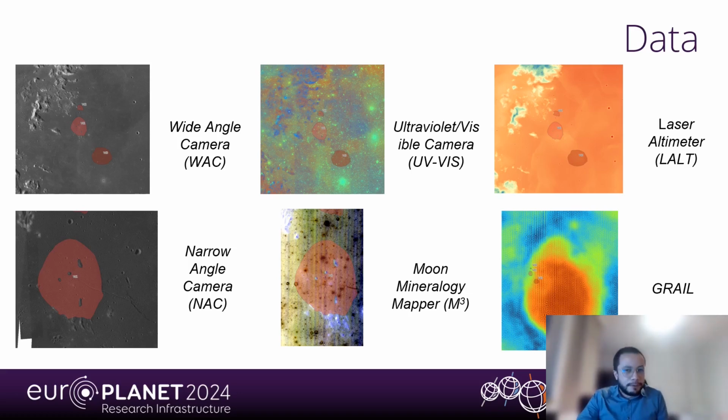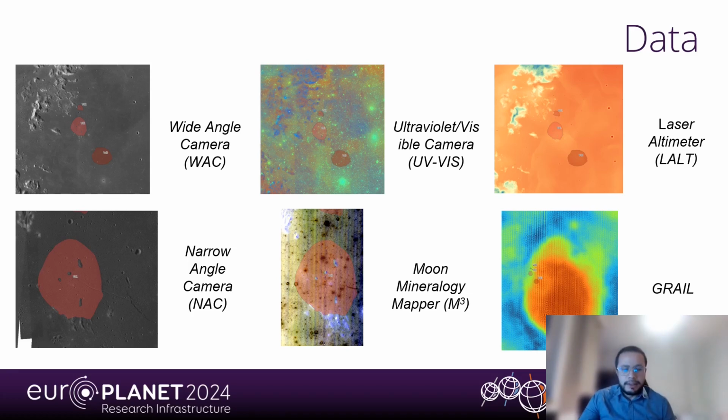The second set of data is the spectral features. We have the ultraviolet-visible camera, UVVIS, inside Clementine, that has really interesting spectral ratios. We also use the Moon Mineralogy Mapper, M3, a hyperspectral sensor that allows more detailed mineral recognition.